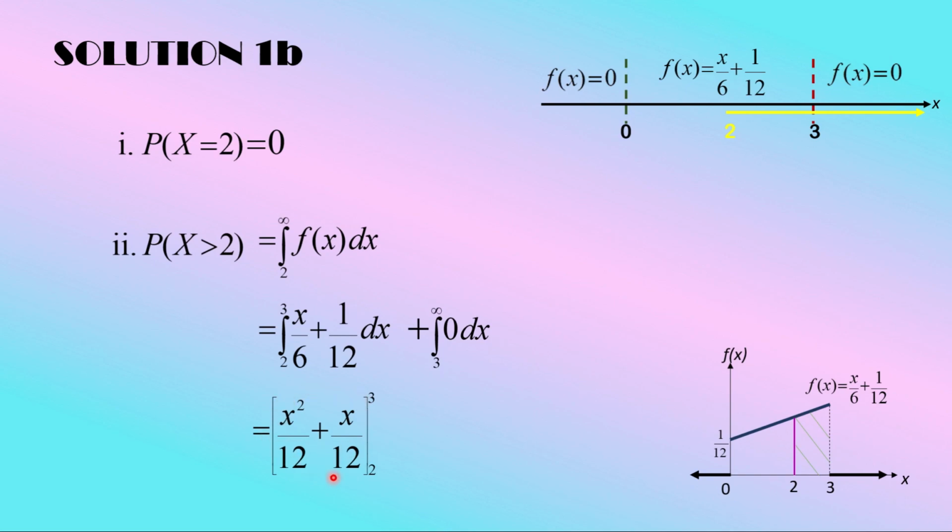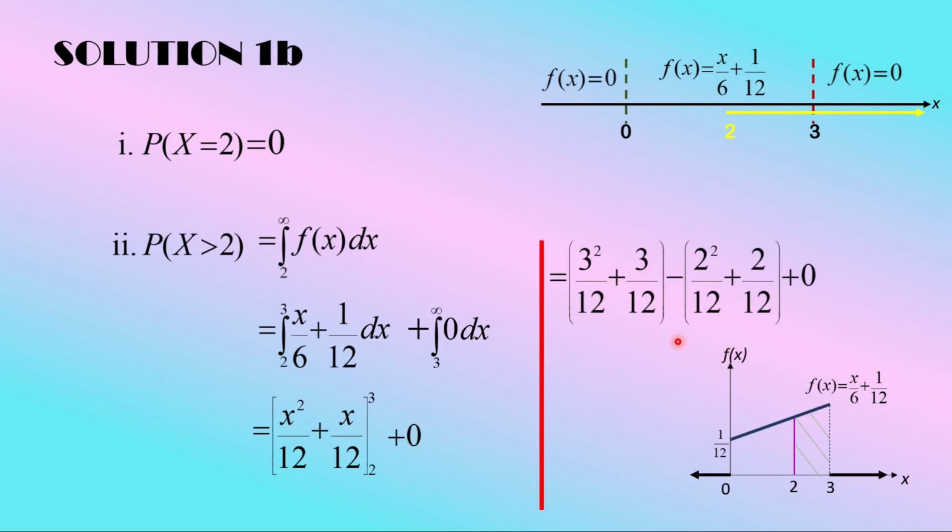This is the result after integrating. Then substitute. So this is the answer of the area under the curve or probability in interval 2 to 3, and 0 is the answer in interval 3 to infinity. And finally, we get the probability of x greater than 2 is equal to 1 over 2.